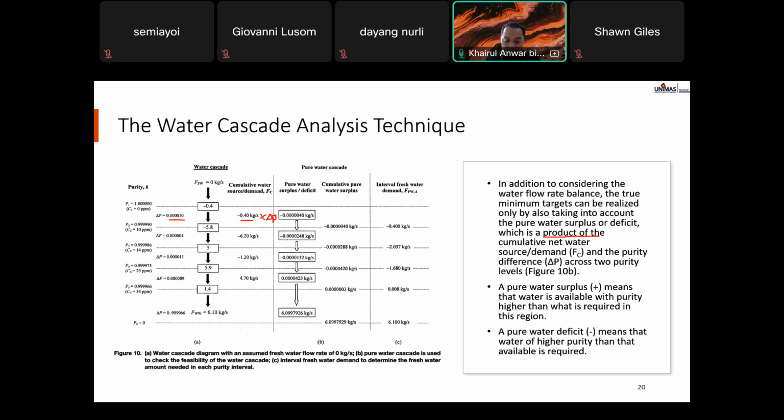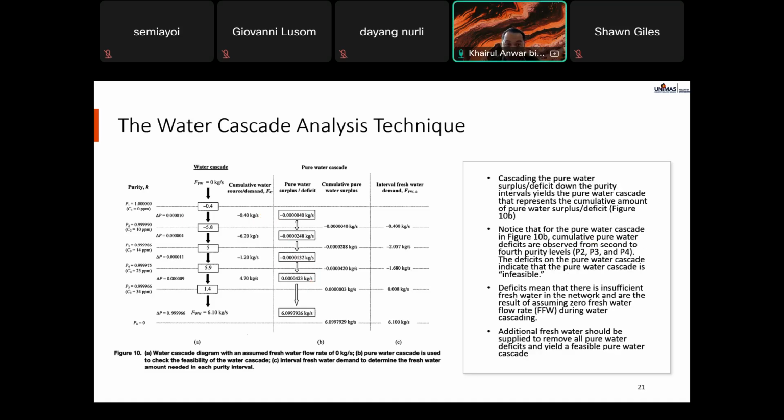6.2 multiplied by 0.000 will be 0, 1, 2, 3, 4, 5. So you get 0.000248. The same thing for this here. Then you do the cumulative pure water surplus.